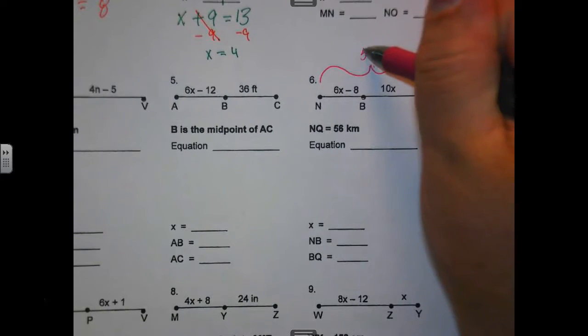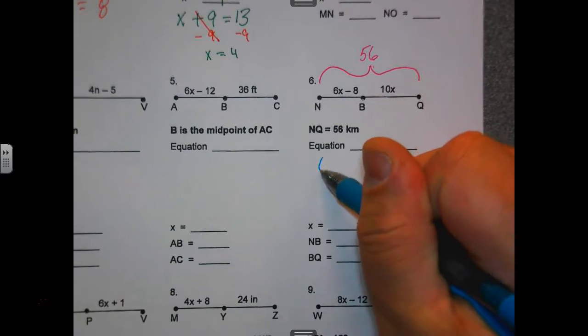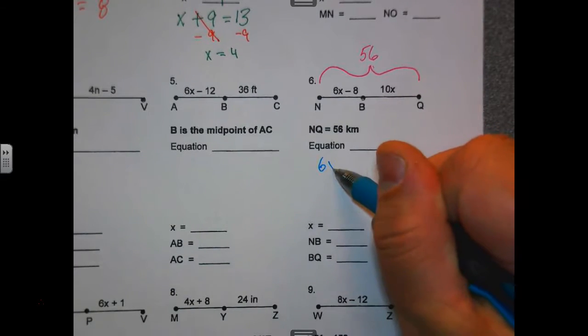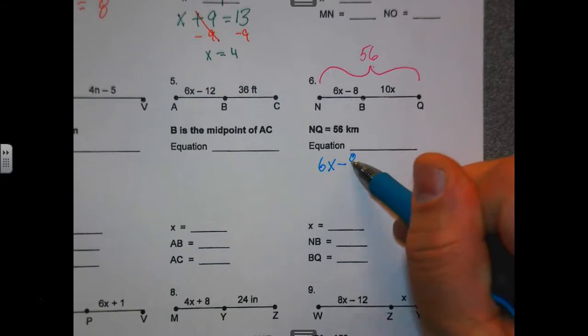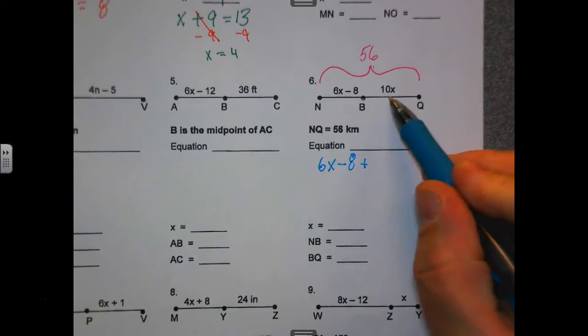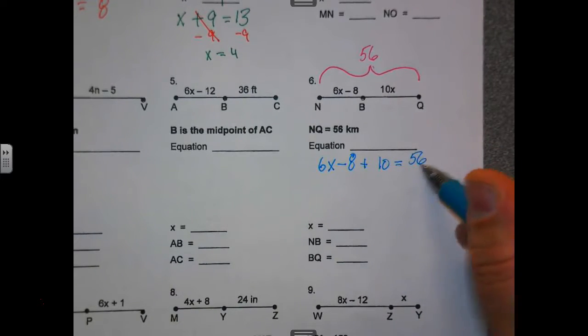Good. I'm getting old and feeble and I can't see the little numbers. So I'm going to add up the two little ones, which is 6x minus 8 plus 10x equals 56.